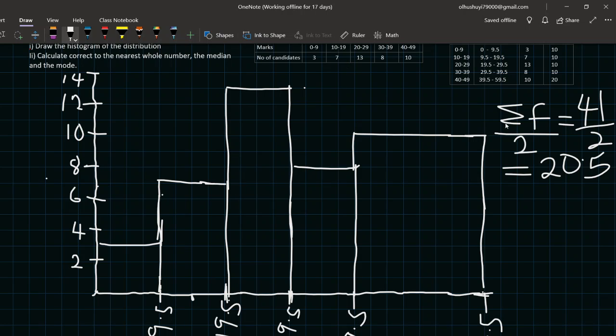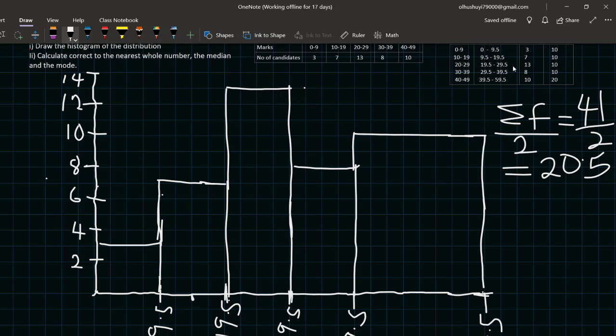To locate the median class, 20.5, of course, where will that be? This is 10. This is 23. So the median class is here. The median class has a frequency of 13, right?